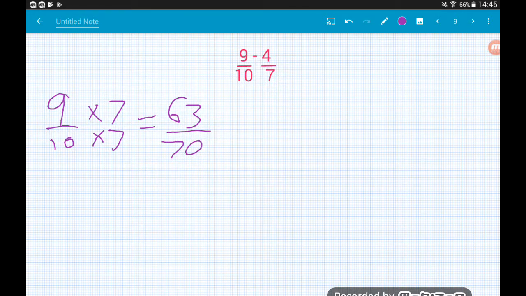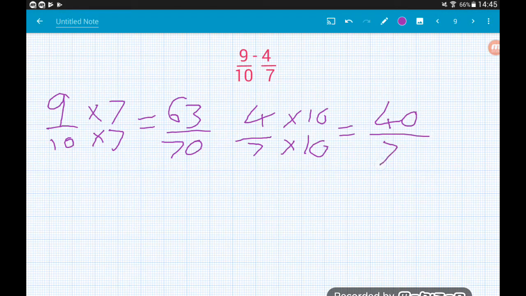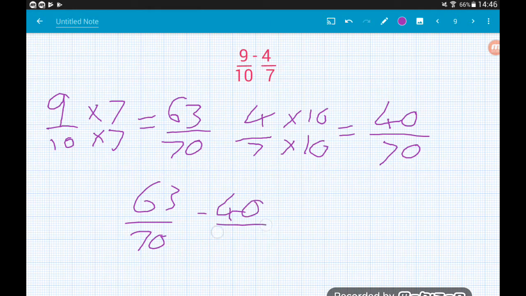Then with 4 sevenths, we're going to need to multiply by 10s. And that's going to give us 40 over 70. So now we've got 63 70ths, take away 40 70ths. And that's going to leave us with 23 70ths.